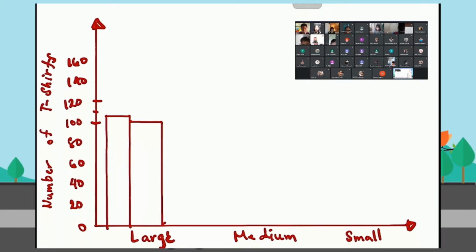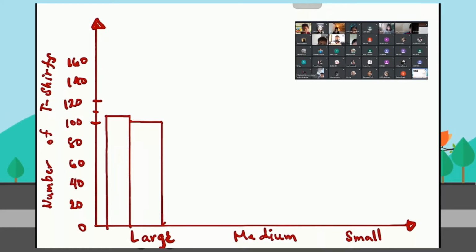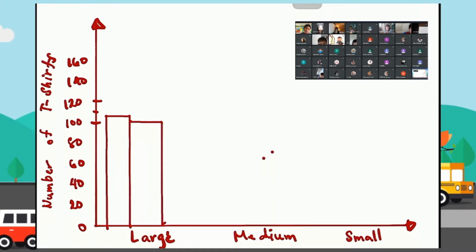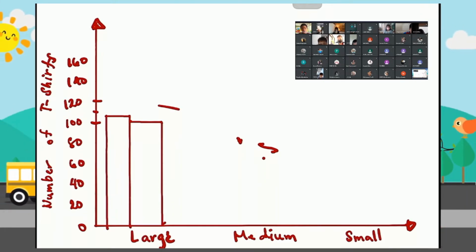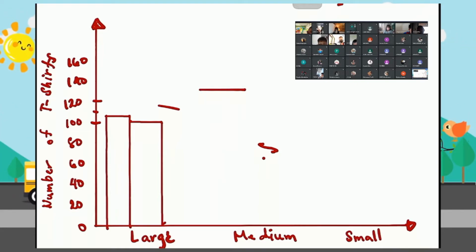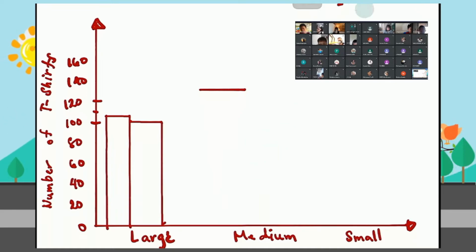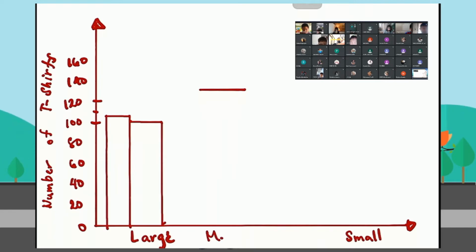And then we go for medium. How many? This is 130, so it's about here, in the middle. Okay, so here we have medium.